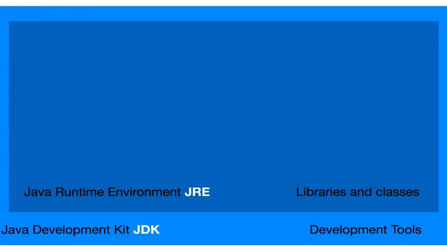The JDK is what makes it possible for the same Java application you created on Windows to run on Mac or on Linux, on different platforms. Within the JDK, you have the JRE, or the Java Runtime Environment, which contains all the libraries and the classes.